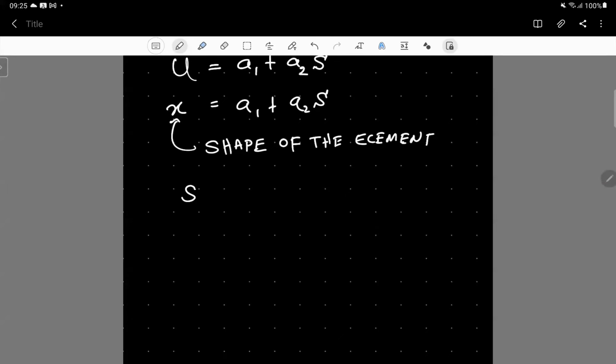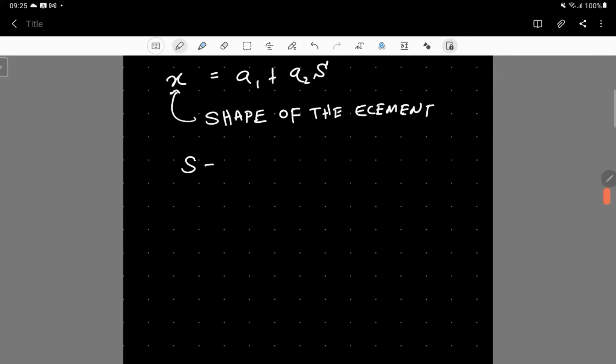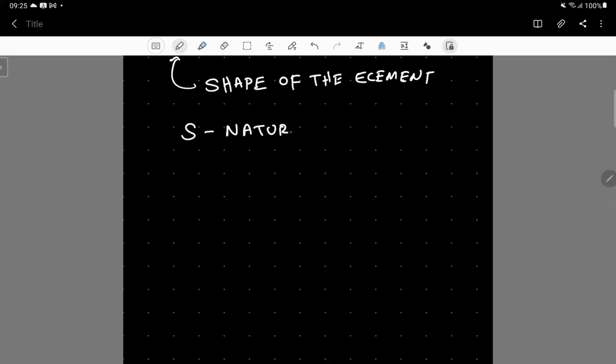So we use the same kind of function. In the isoparametric formulations, these element equations are formed using a special coordinate system. We call it a natural coordinate system or intrinsic coordinate system.